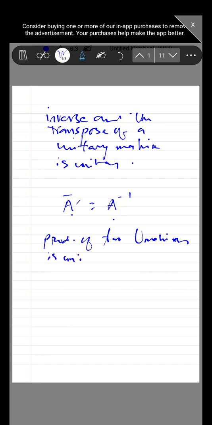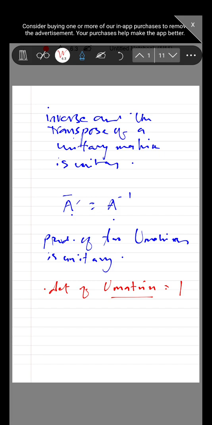So similar to what has been observed in the orthogonal matrix, the same is observed in the unitary matrix. The only difference is that the determinant of a unitary matrix is equal to 1, not minus 1. Where in the orthogonal matrix it can be plus 1 or minus 1, in the unitary matrix it has to be only plus 1.